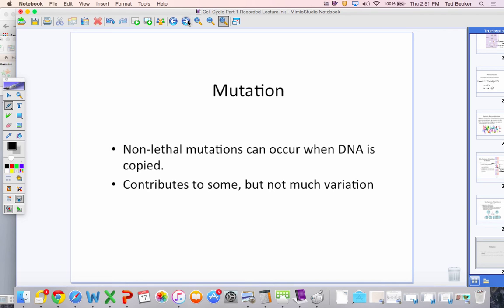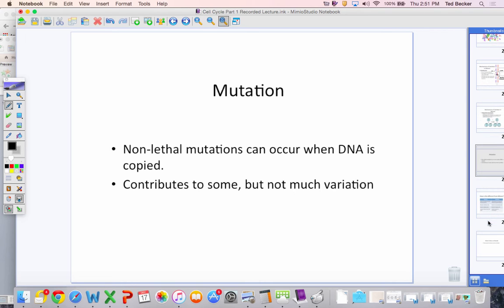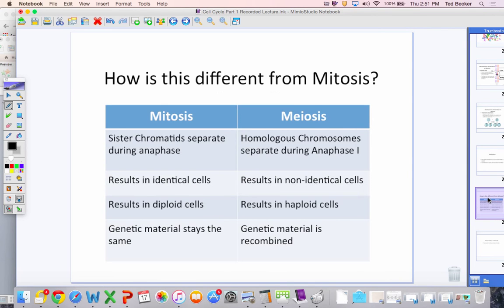And it contributes to some, but not very much, variation in the genes. So that's how meiosis contributes variation and allows sexually reproducing organisms to have differences in their next generations.